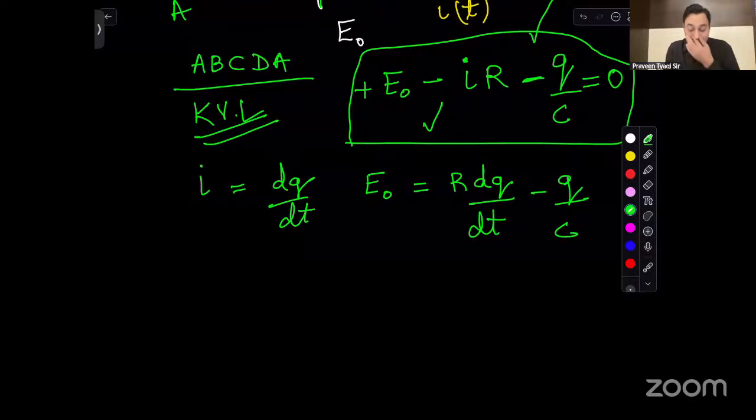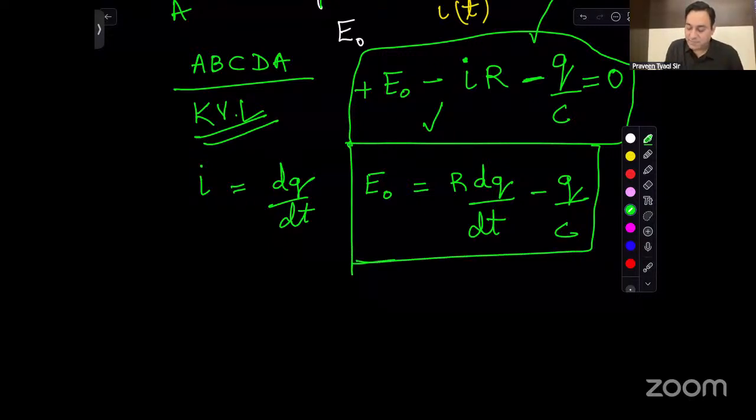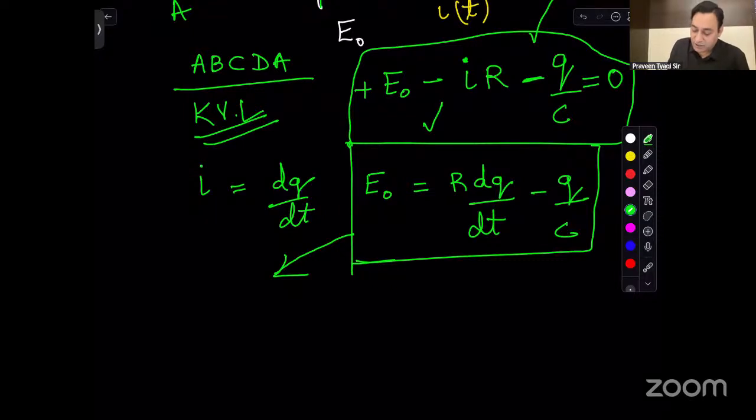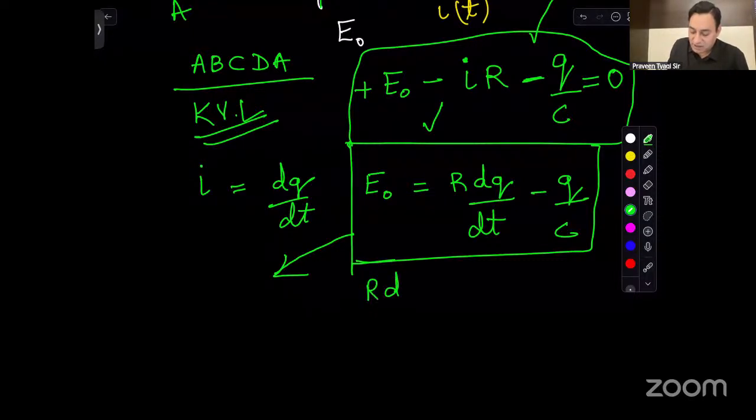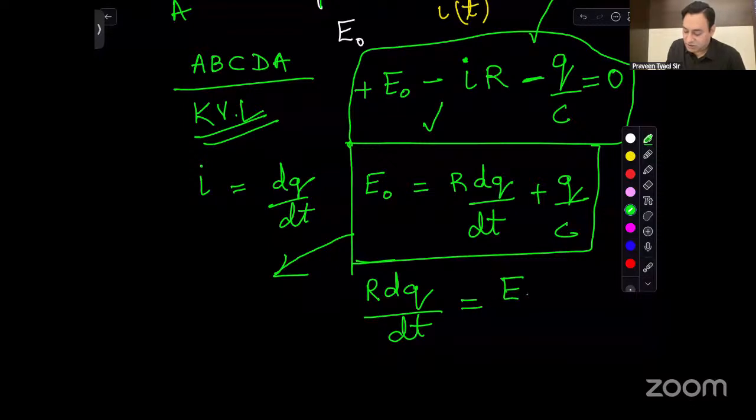How to solve this differential equation is your mathematics, not physics. So all of you should know how to solve a first order differential equation. I can solve it for you. R dq by dt is equal to E naught minus q by c.